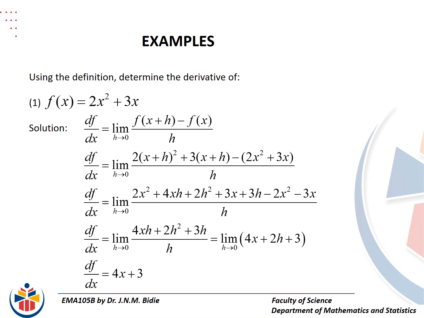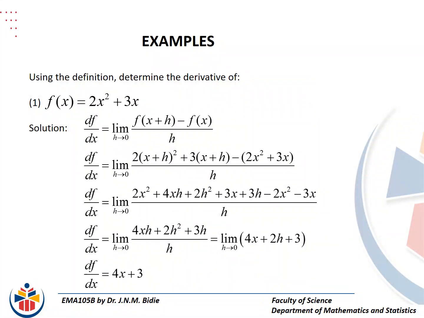So minus, then put 2x squared plus 3x in brackets. Note that all of this is still divided by h, and also remember we're taking the limit as h approaches 0. And then in the next step, the limit as h approaches 0 is still there.